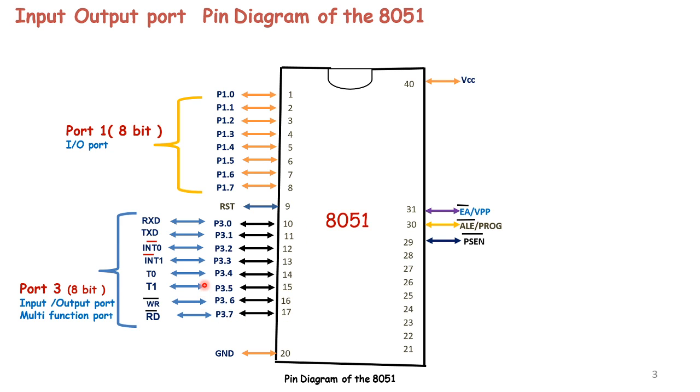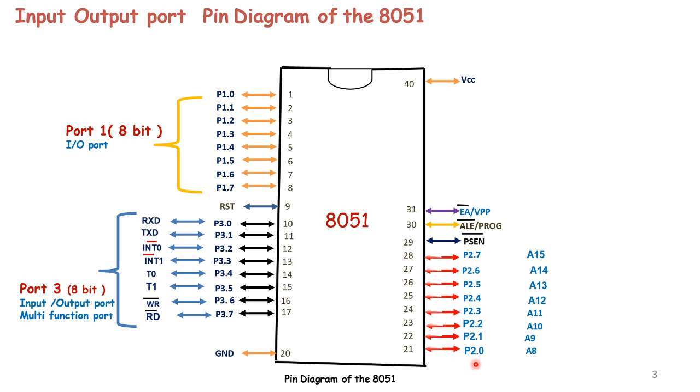So these are the next pins. Pin number 21 to 28 is reserved for port 2, that is P20 to P27. So these are the port 2 pins.